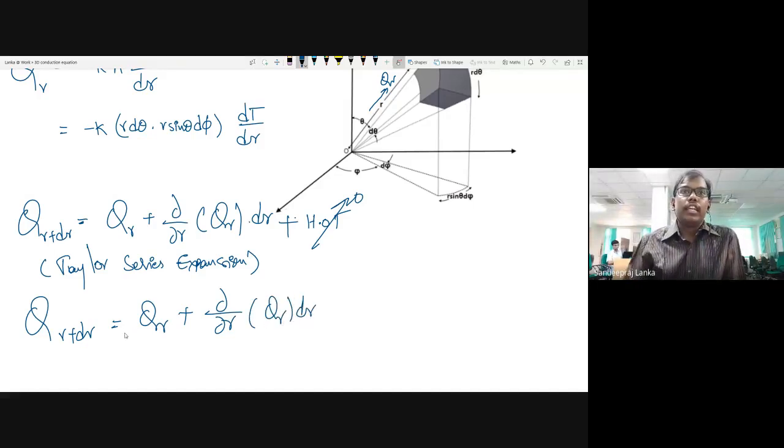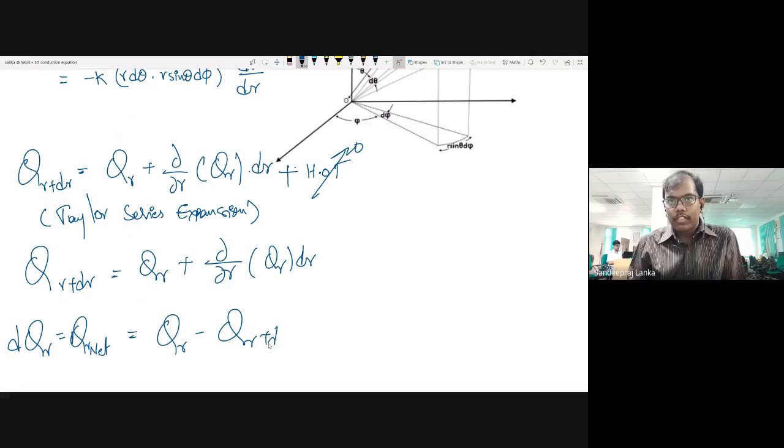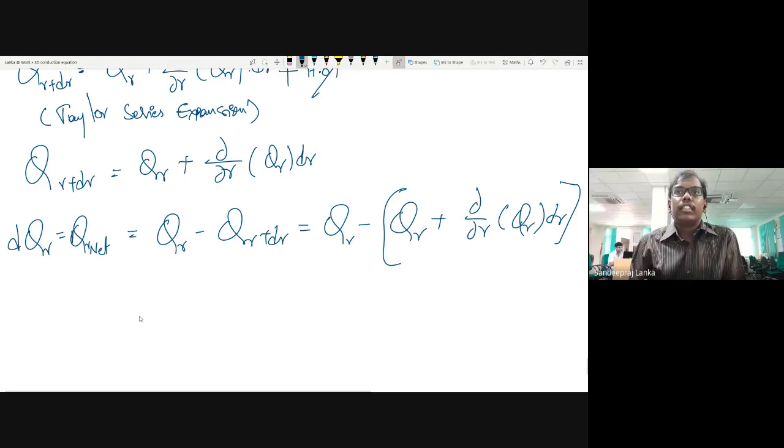Now what I'll take is the net effect of these two. This you can call dQr, or Qr net, which will be equal to Qr minus Q at r plus dr. I'm substituting this value into this here: Qr minus the quantity Qr plus dou by dou r of Qr into dr. This is the same story that you saw in the last class for your cylindrical coordinates also.